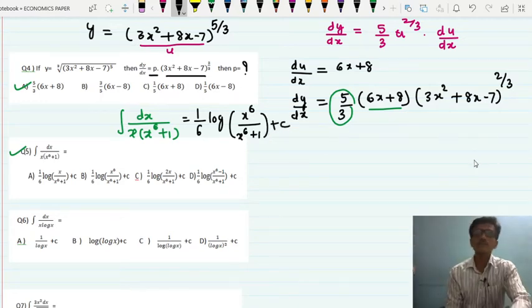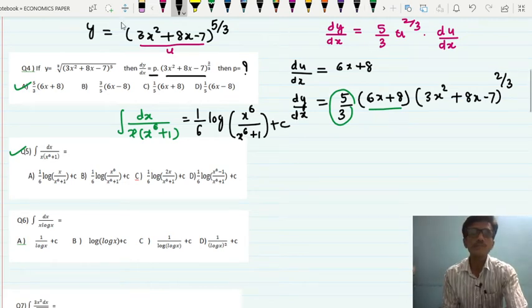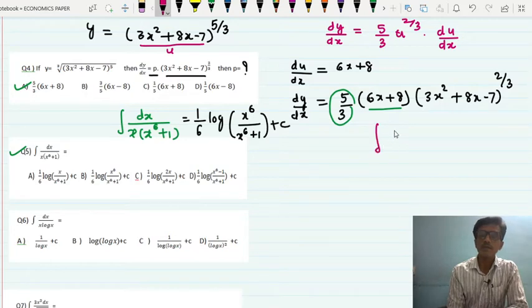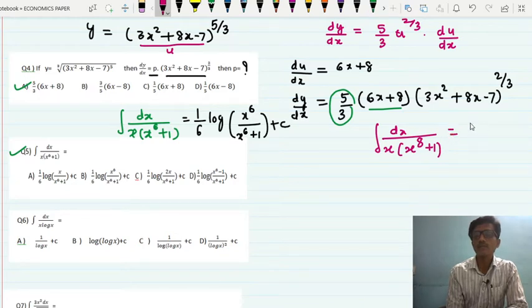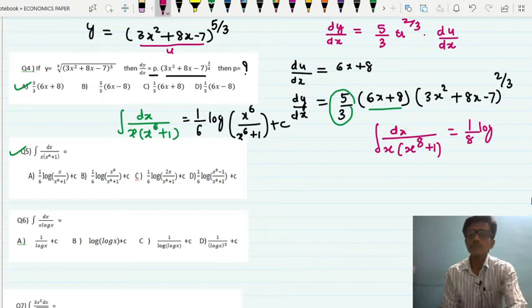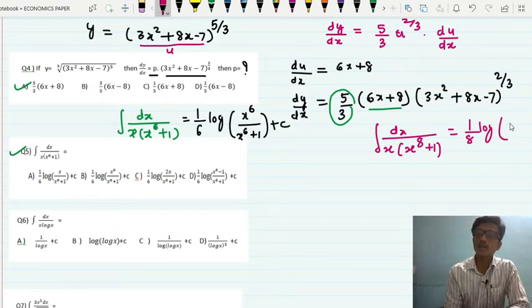For example, if the question is integral dx upon x into x raised to power 8 plus 1, we can write its answer as 1 upon 8 log of x raised to power 8 upon x raised to power 8 plus 1 plus c.